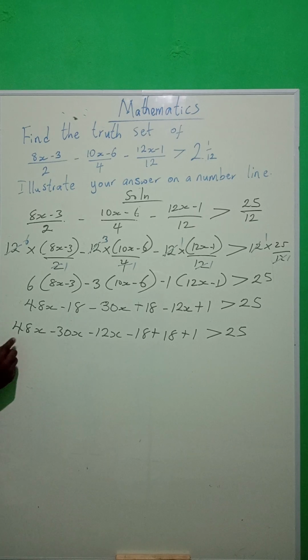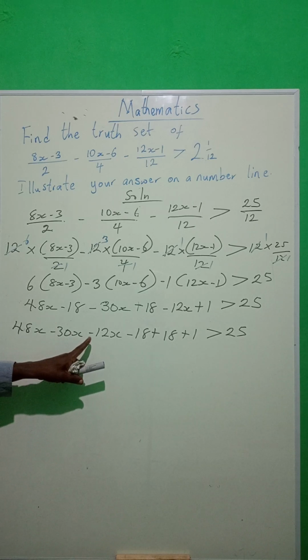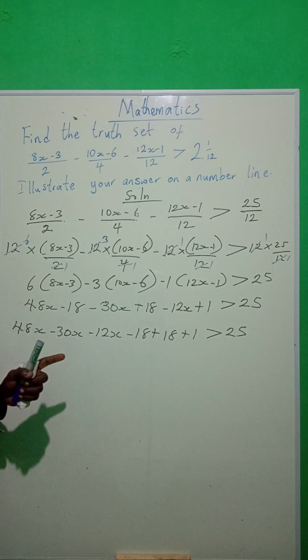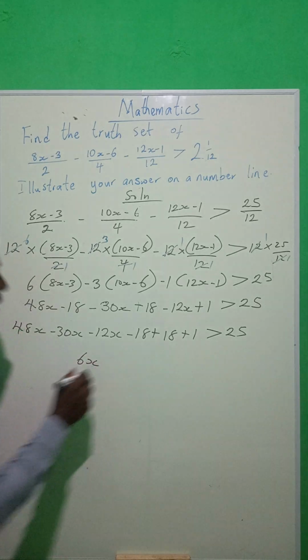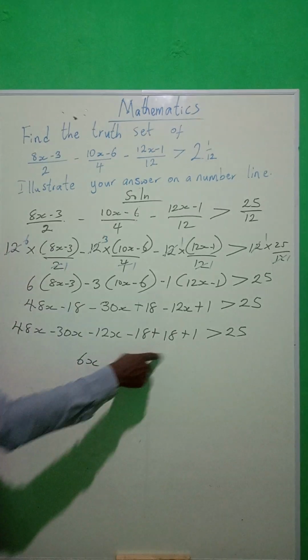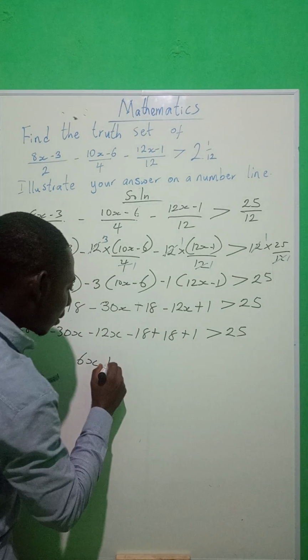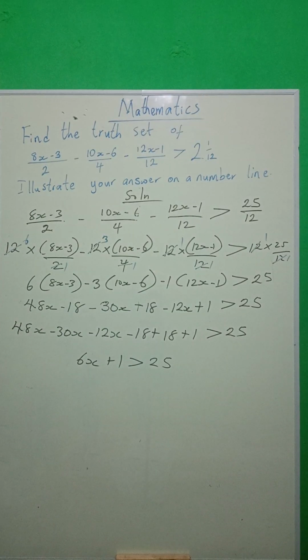So 48 minus 30 gives 18. Now 18 is a positive number, so positive 18 minus 12 gives you positive 6x. Negative 18 plus 18 is 0, plus 1 is 1, greater than 25.